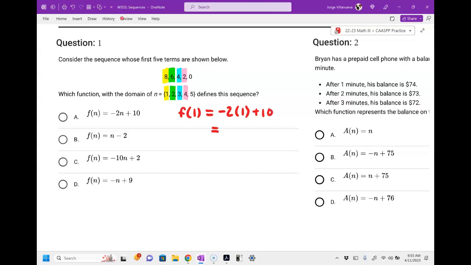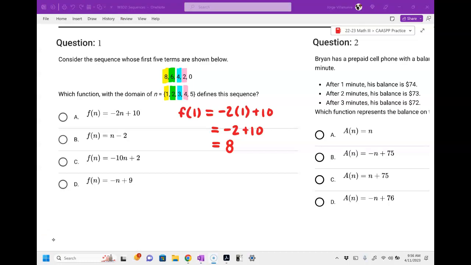Well, negative 2 times 1 is negative 2, and negative 2 plus 10, that's positive 8. Did that seem to work right? When I plugged in a 1, I got an 8? Yeah, right? If I plug in a 1, I'm supposed to get an 8 from my Y value. So far, so good. But I can't just base my answers off of one solution.